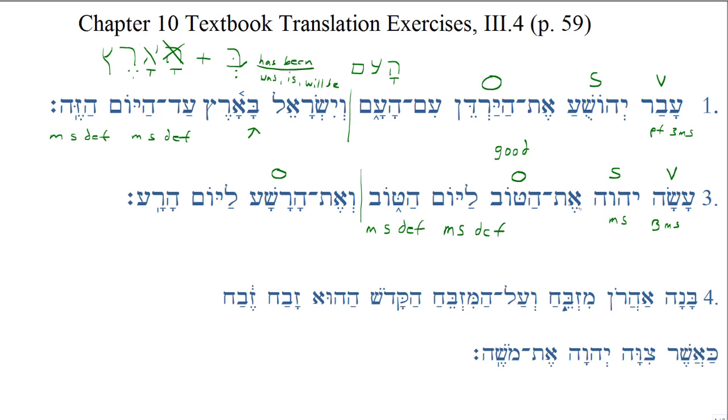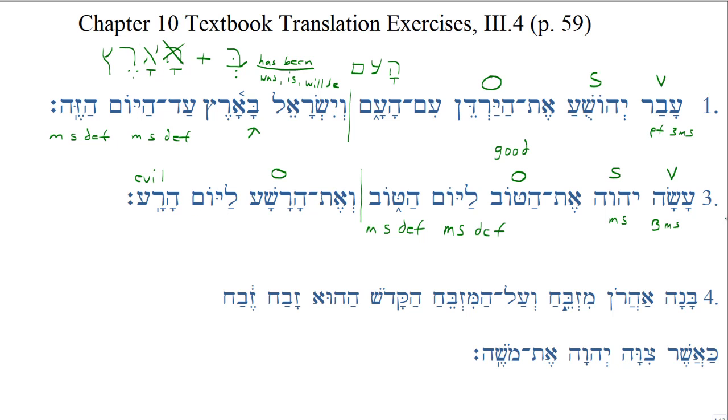The Lord has made the good for the good day, and the wicked, layom hara. Here again we have the preposition lamed with the definite yom for the day, and then hara, the evil. And again, these match in gender, number, and definiteness for the evil day.